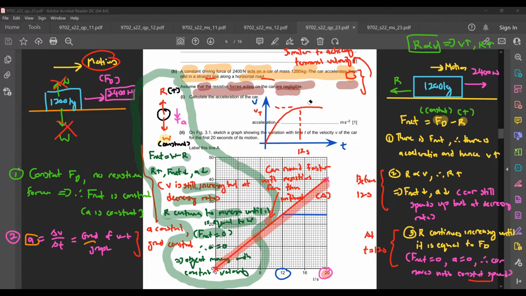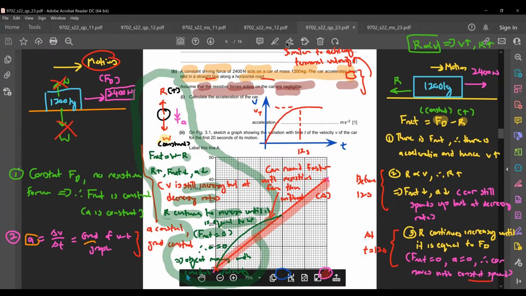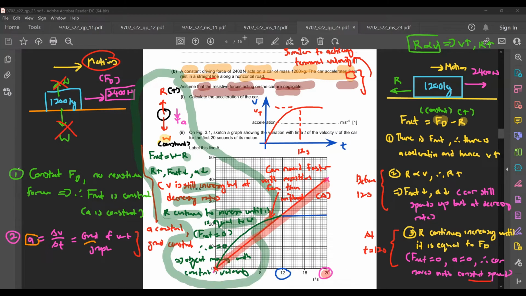So if I try to draw it like this using green, this one is wrong. What I drew just now is also not correct. If I wanted to draw it correctly, it should have been like this. This one is the correct one.